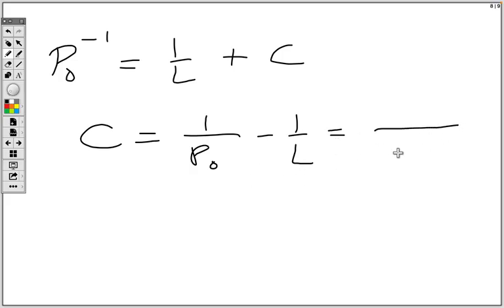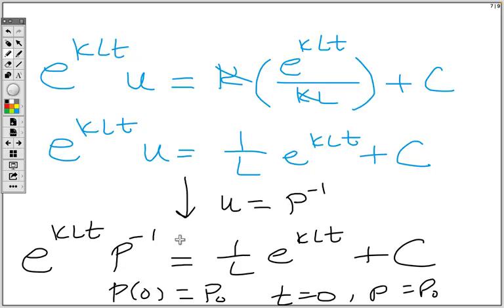Which I guess we could get a common denominator there. So we would get the C, and we'll see if there's a better way to write that later on. But then we can solve for p.